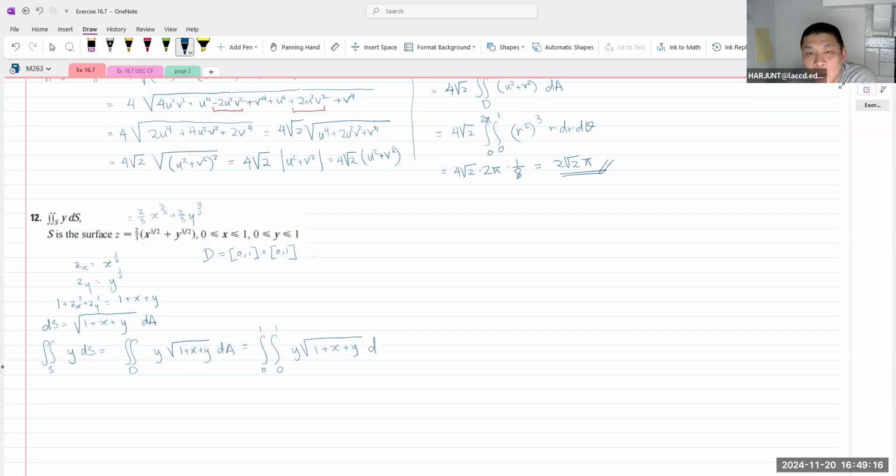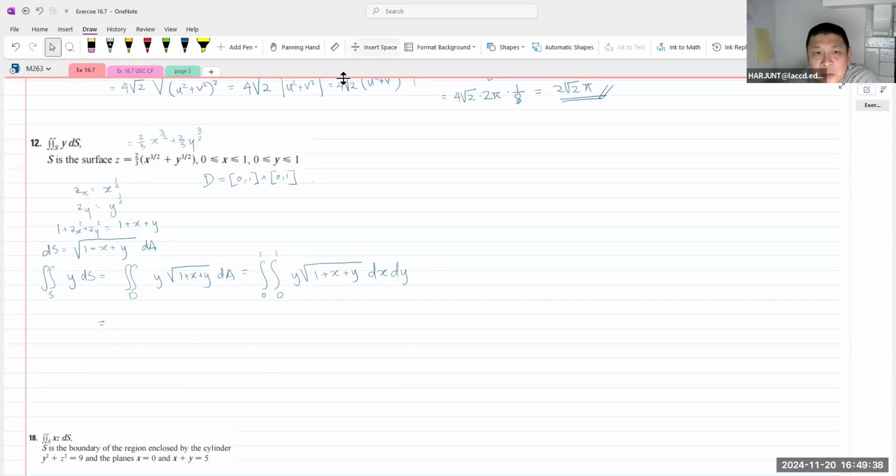Do I do dy first or dx first? They happen to be the same for x and y, but because I have y outside, I think I want to do with respect to x first. The domain is a nice domain, but the integrand is ugly.